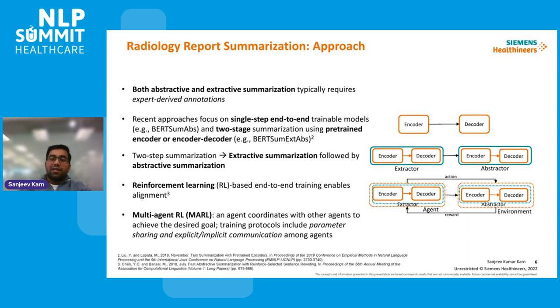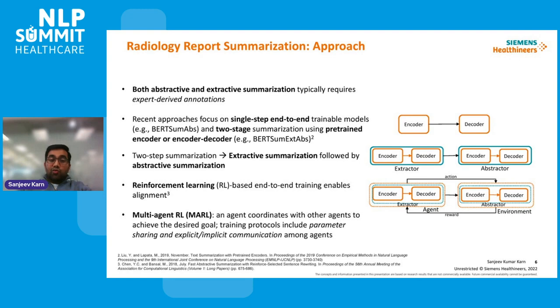Here the extraction task is to take the source text and find the salient sentences out of it. And then this fine-tuned encoder is plugged into the encoder-decoder setup, and then the model is asked to do the summarization task.